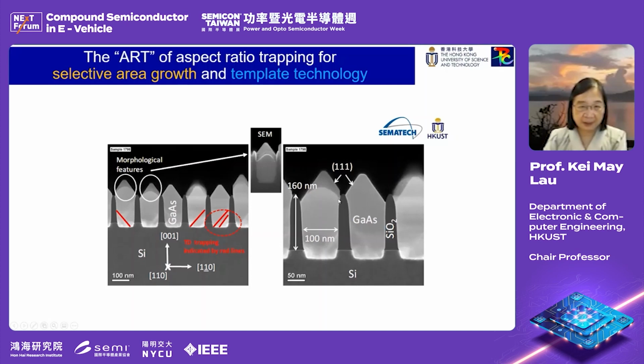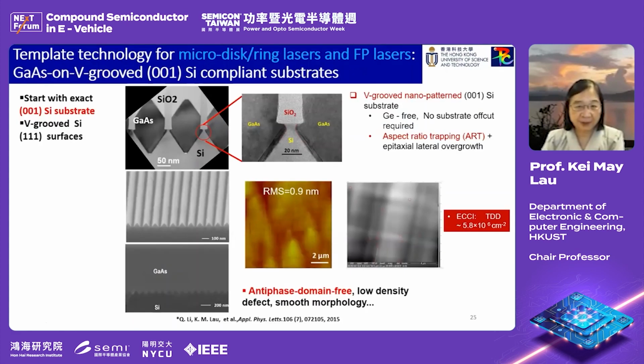And at the top of it, it will be much cleaner, and then you can put active devices on it. We have used this technology for the past 10 years or so, and we find that it is very effective. It's a temporary technology.